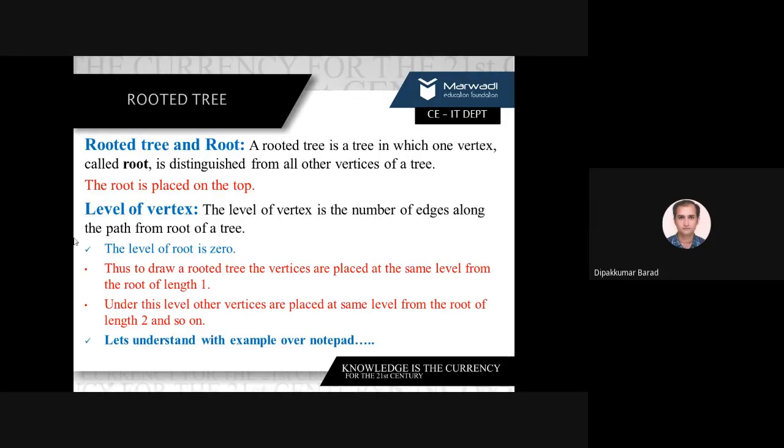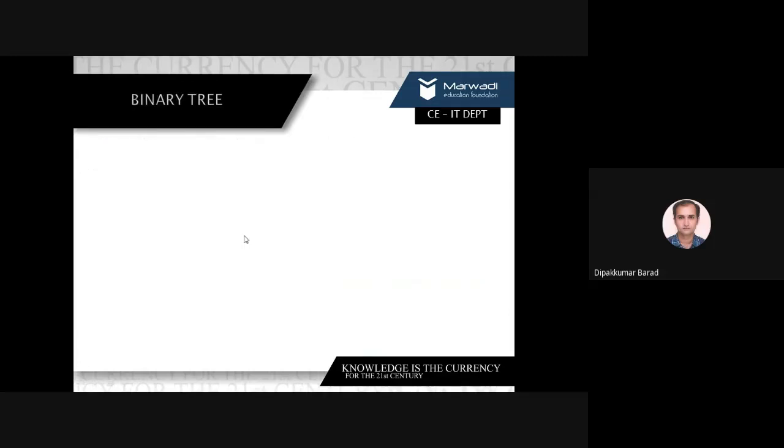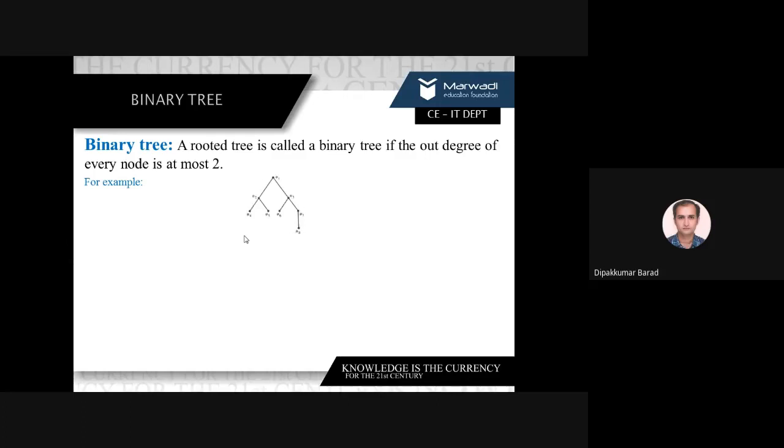Now, level of a vertex. The level of a vertex is the number of edges along the path from the root of the tree. So vertex v1, I can say, is at level 0. Now v2 and v3 have one edge from v1 to v2 and from v1 to v3, so they are at level 1.